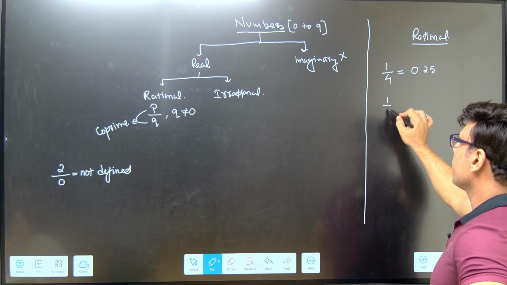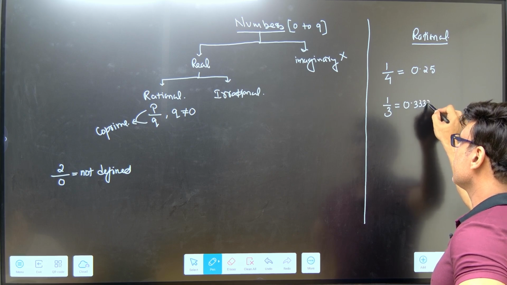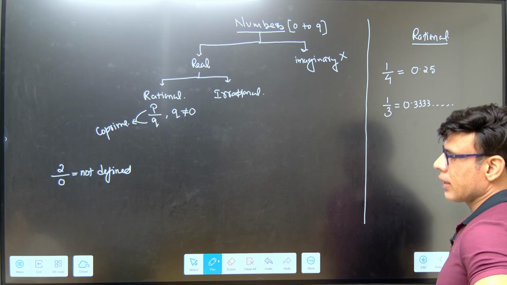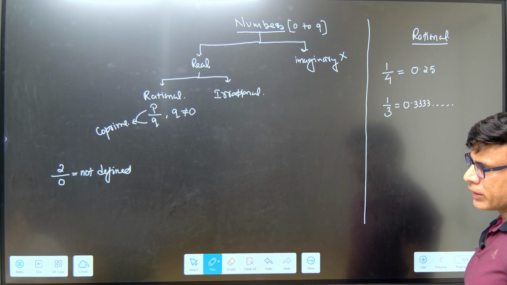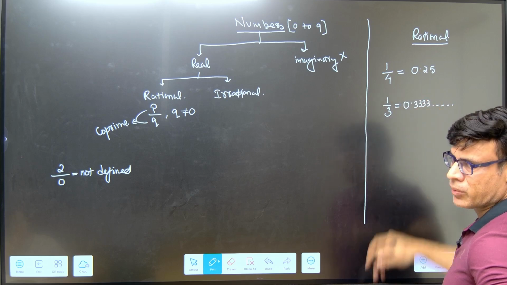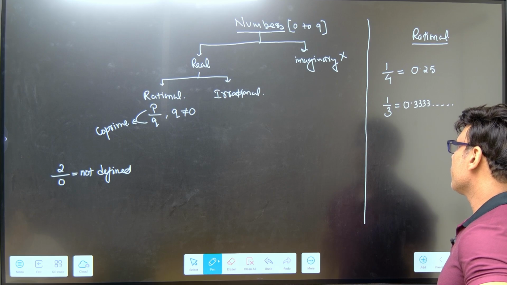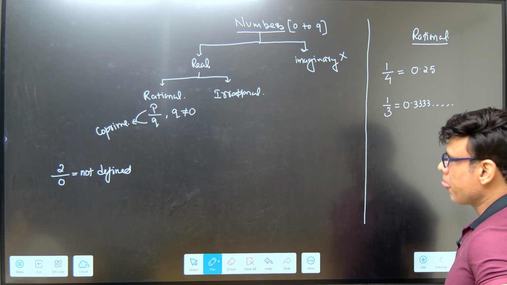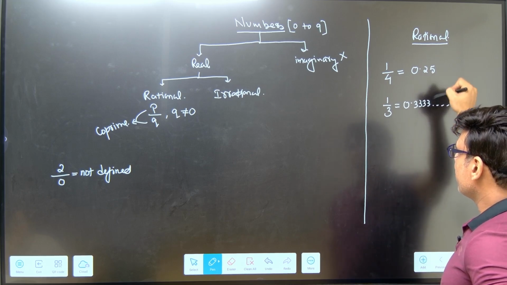If I divide 1 by 3, this will give you 0.3333 and so on. So there is a difference between these two numbers. Both are rational numbers, because we can write them in the form of P by Q, where Q is not 0. One is 0.25, one is 0.3333. What type of number is this one and this one? These two are definitely different.